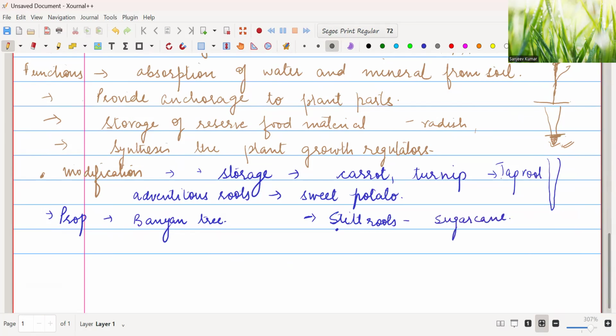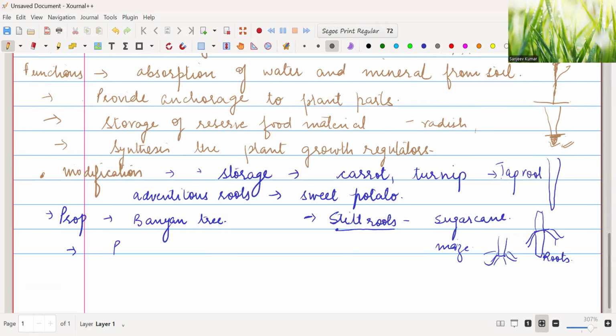If we want to grow sugarcane, we take that part from the lower nodes, where these types of roots grow. These are called stilt roots. Maize also. If you pull out a maize stalk from the ground, we can see at the lower part a lot more stilt roots coming out from the lower nodes.